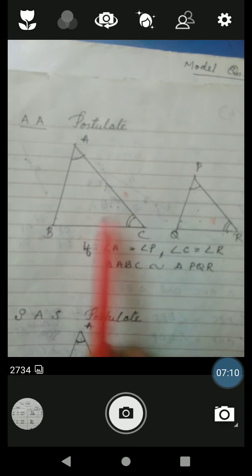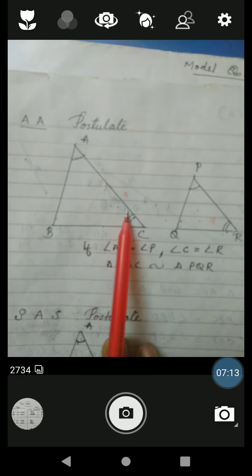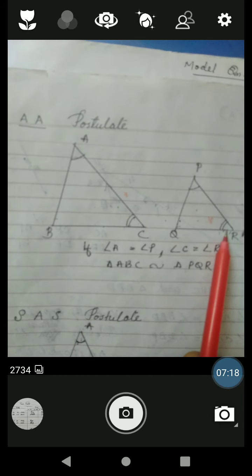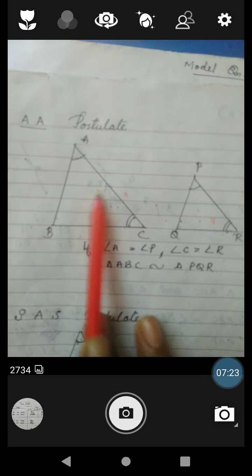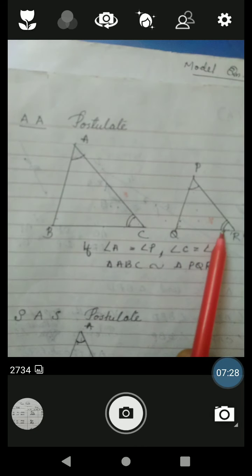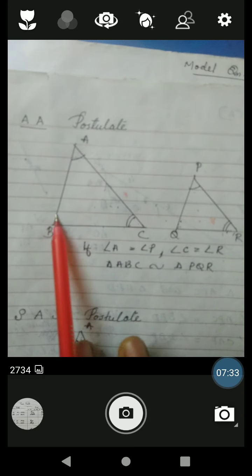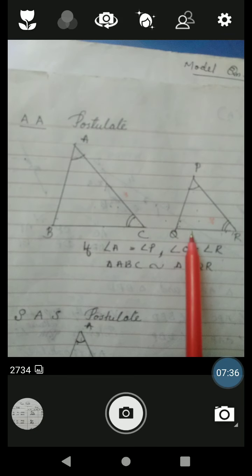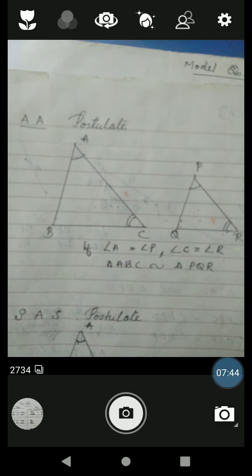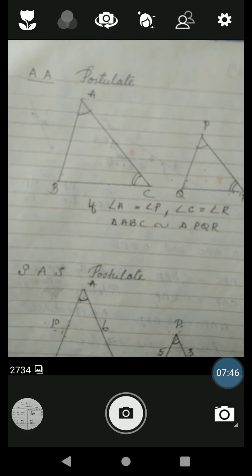If these two triangles have at least 2 pairs of corresponding angles equal, then the triangles are similar. If at least 2 angles, that means angle C equals angle R, angle A equals angle P, automatically angle B equals angle Q. So this postulate is known as AA postulate or AAA postulate, 3 A's. Okay, that is the first postulate.